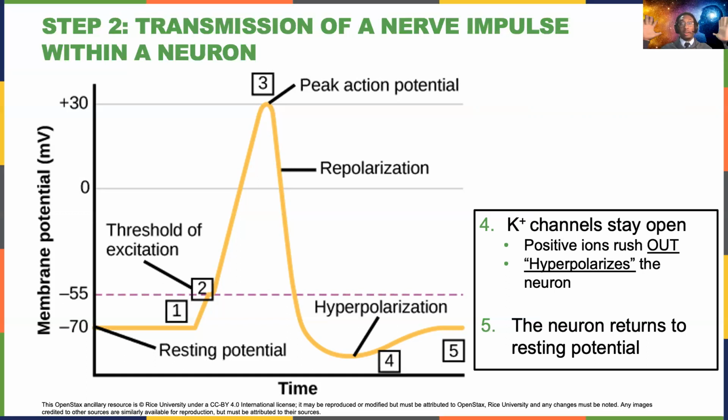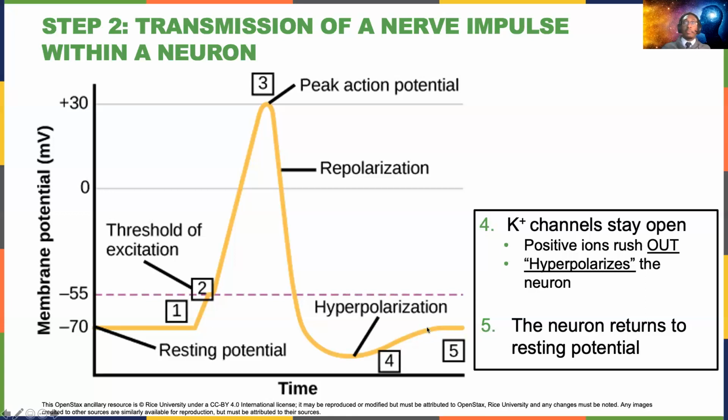The poles that were at their extremes are being brought closer together. And then in repolarization, they're being repolarized. The outside becomes more positive and the inside becomes more negative. And then during hyperpolarization, it becomes even higher, a greater extent of polarization than was present at resting potential.